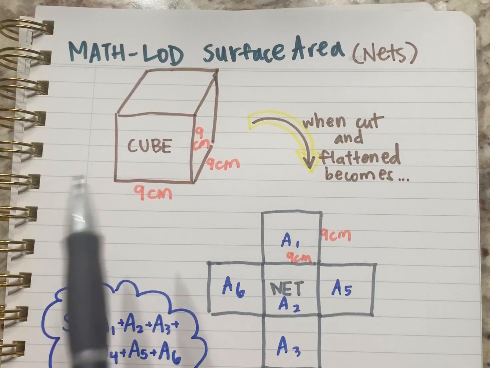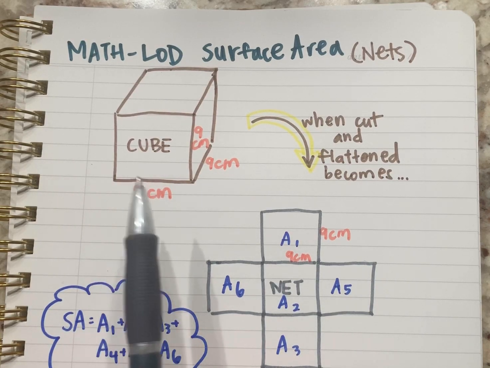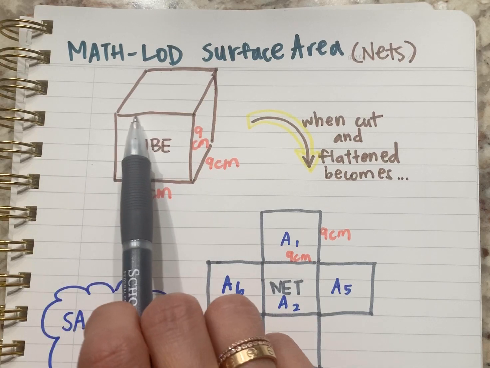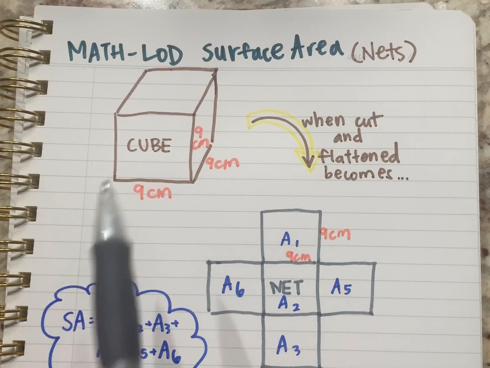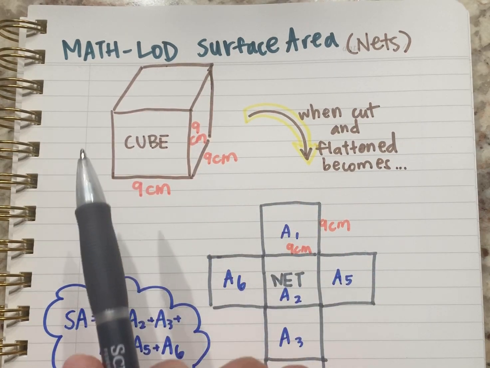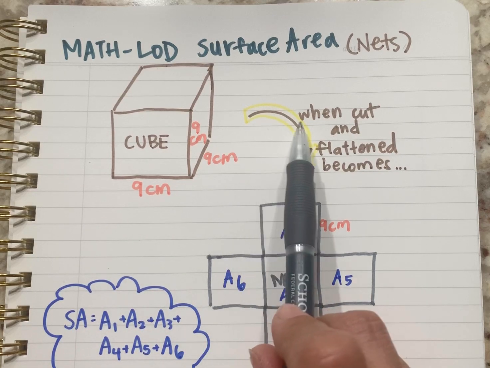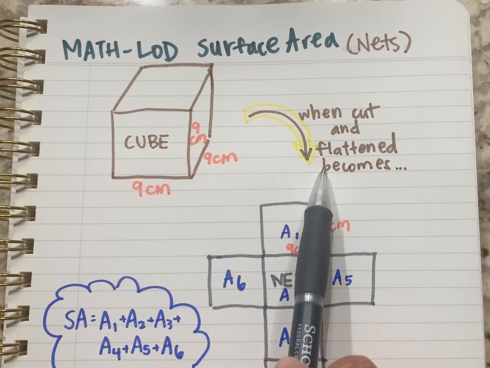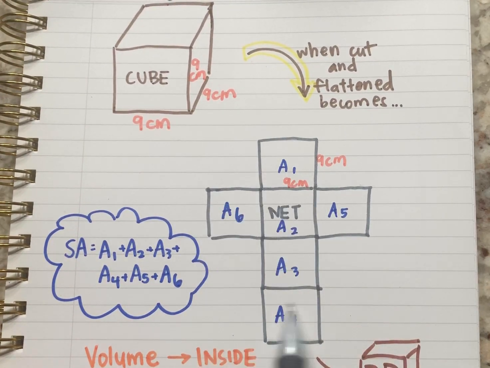Okay, I'm going to take this somewhat poorly drawn cube, as it is kind of not straight, but you guys get the picture. This cube or cuboid, I'm going to show you, when cut and flattened down, becomes what you call a net, right? This thing that looks like a cross.